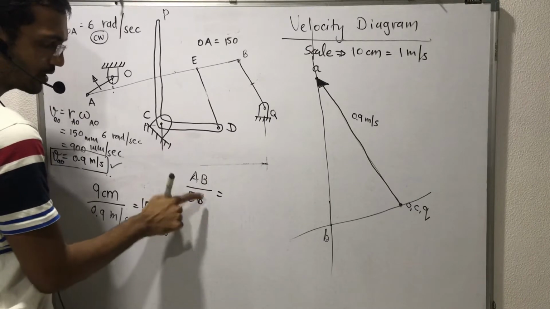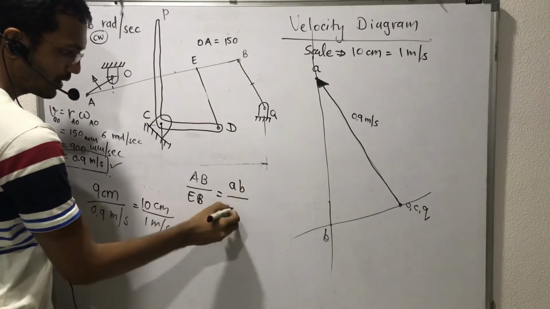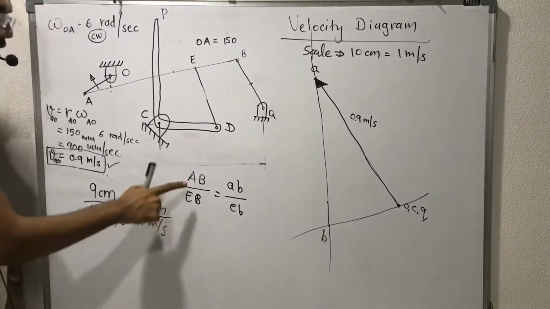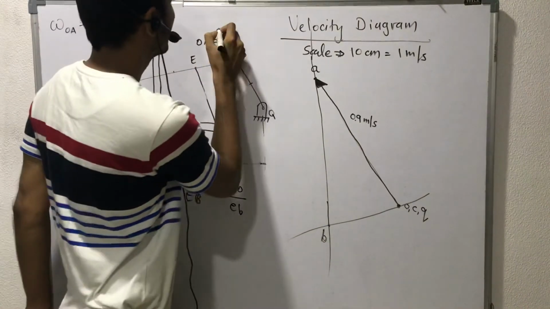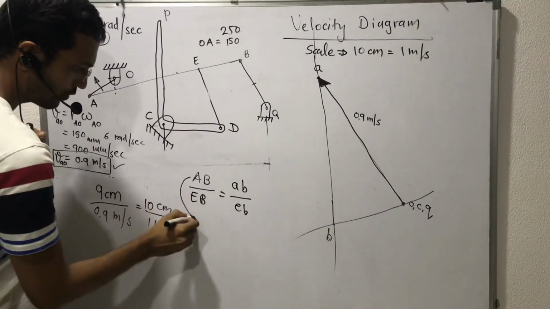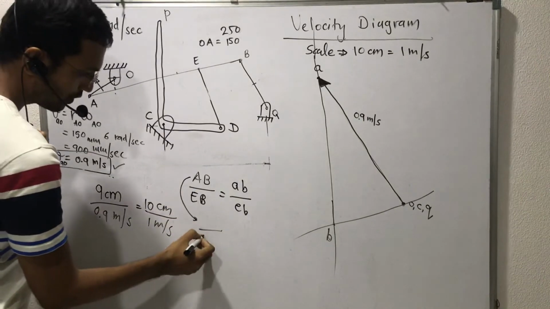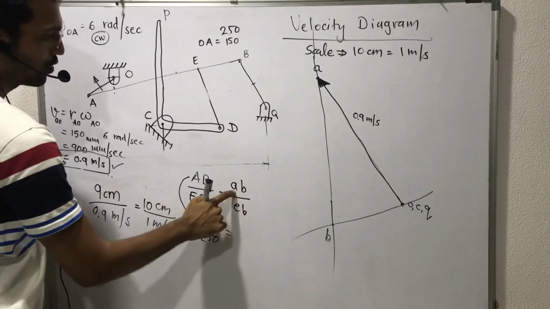Capital letters represent in configuration diagram. Now small letters is AB upon EB. You have value of AB that is given in question. Over here I mentioned that value. So value of AB divided by value of EB is given 250 equal to AB value.